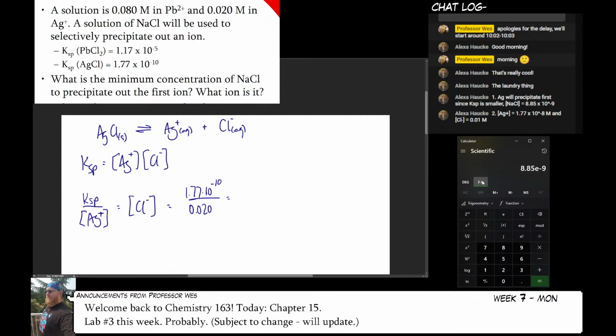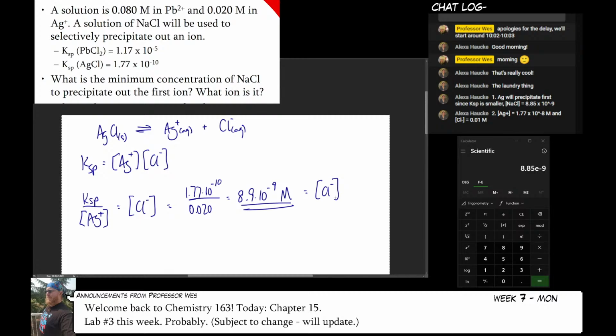And I want scientific. There we go. So 8.9 times 10 to the minus 9 moles per liter. So if I had this concentration of chloride, I could precipitate out silver.